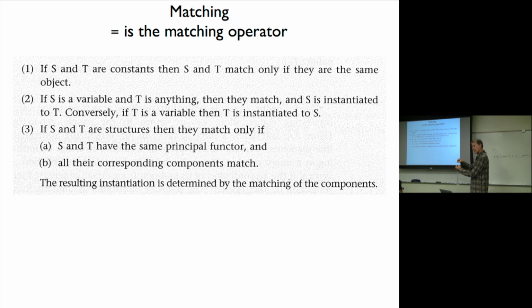Remember we demoed that? If the functors are different, then they don't match. And all their corresponding components match. Notice that this is a recursive definition, right? Because the corresponding components match, but how do the corresponding components match? Well, they match if S and T are blah, blah, blah. So is everybody clear? So that's the recursive rules.